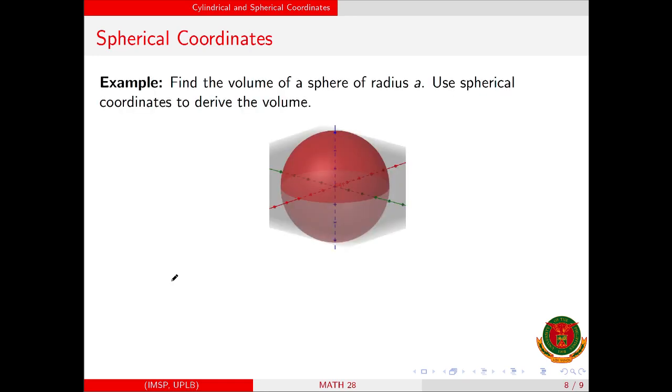Let us have an example. Find the volume of a sphere of radius a, and in this example, we will be using spherical coordinates to derive the volume. We have already seen its volume in terms of the Cartesian coordinate system.